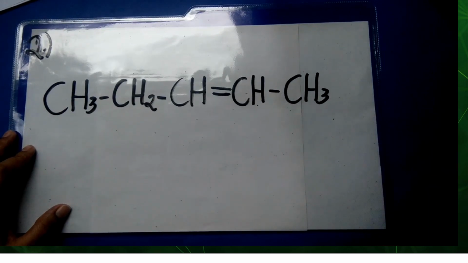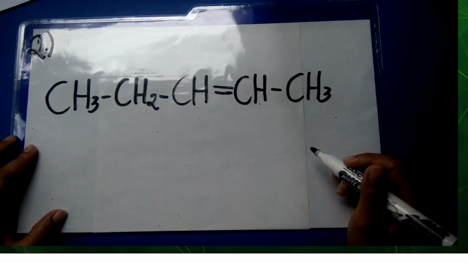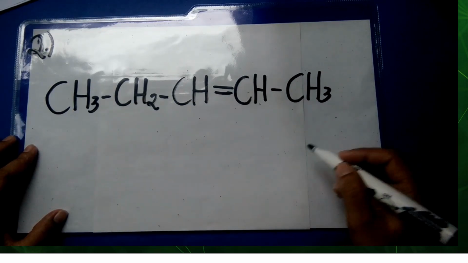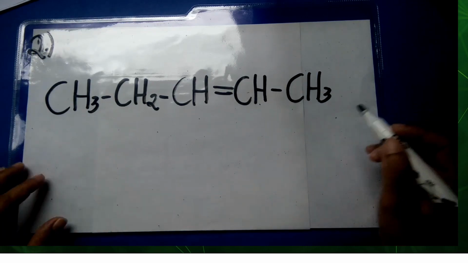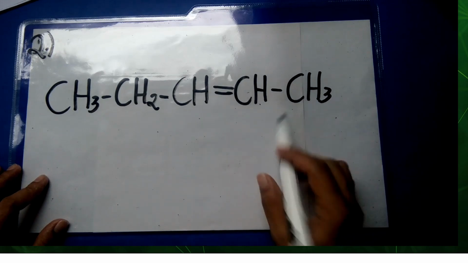Alright, so let us have example number 2. So the first rule again is to look for the parent chain or the continuous carbon to carbon atom chain. So bilangin natin kung ilang carbon atoms ang nandyan. So 1, 2, 3, 4, 5.